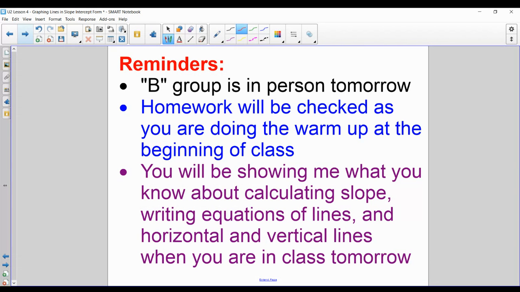As I said before, you're also going to be showing me what you know about calculating slope, writing equations of lines, and some horizontal vertical line stuff. Things that we should know that we did last week, but our end of the week quiz was not as good as I would like to see. So we're going to go over that in class while we have the time to answer questions.